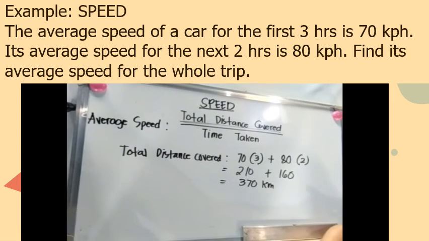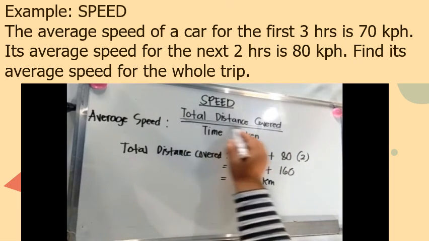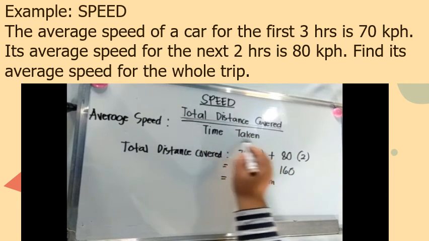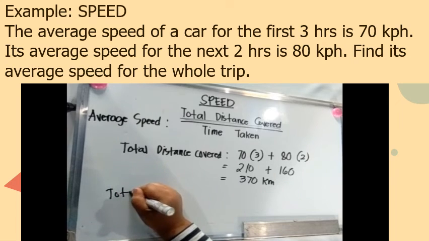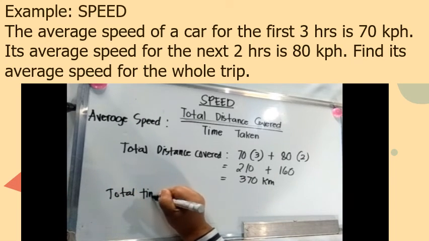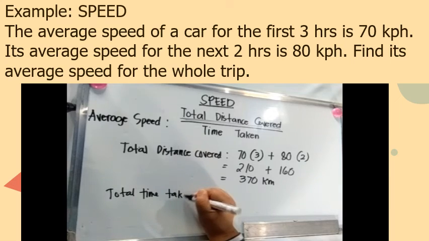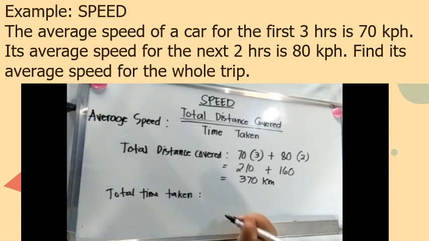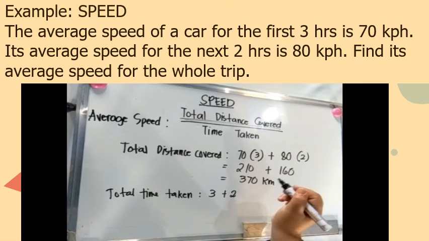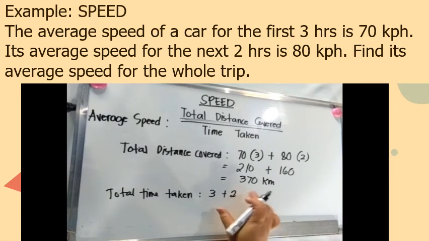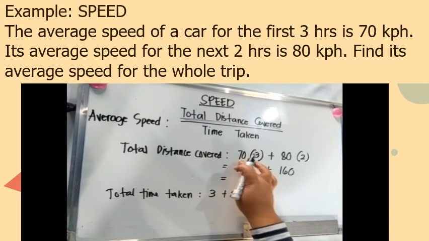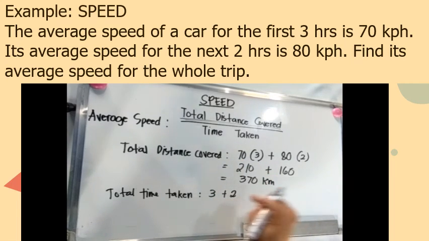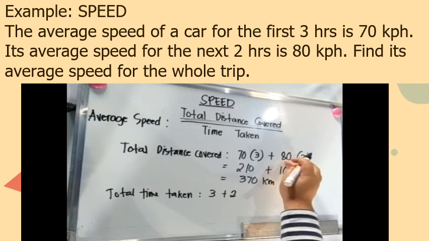Okay, next is, nakuha naman na to ang distance. We are going to get the time taken. So, total time taken. So, we have 3 plus 2. Gikan ni 3 hours for the first 70 kilometers and 2 hours for 80 km per hour.